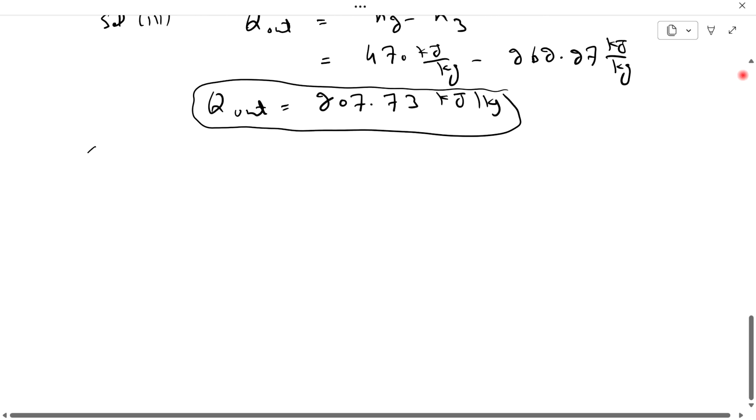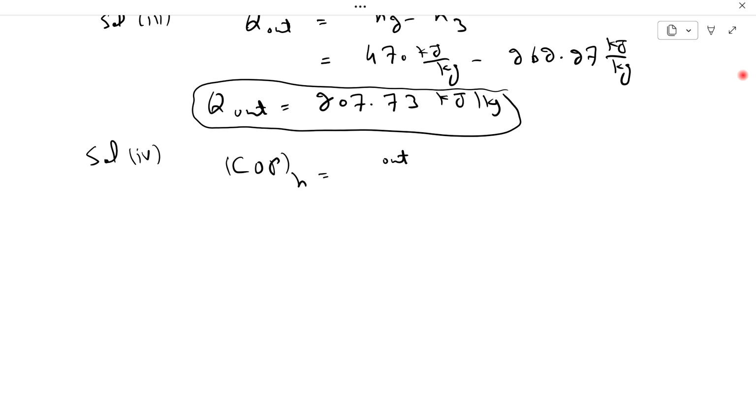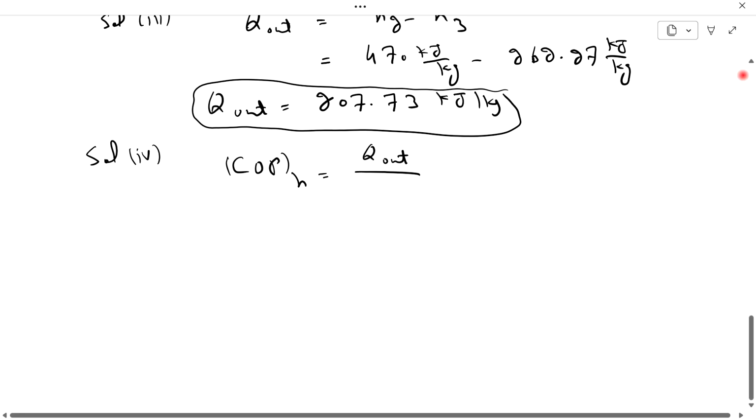Now we are solving part number 4. In part 4, the coefficient of performance of heating is needed, which is equal to output divided by input. The output is the heat rejected in the condenser, divided by the work of compressor.